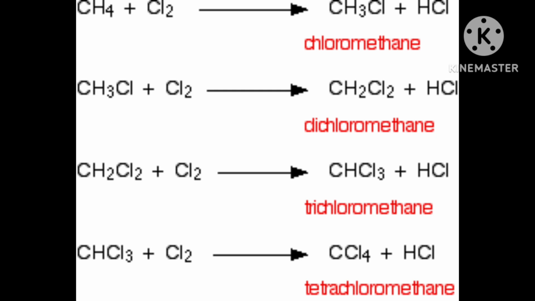Just like methane, ethane can also react. Ethane is CH3CH3, C2H6. The same reaction, the same steps can take place here also. Leave the first CH3; in the second CH3 there are 3 hydrogens.